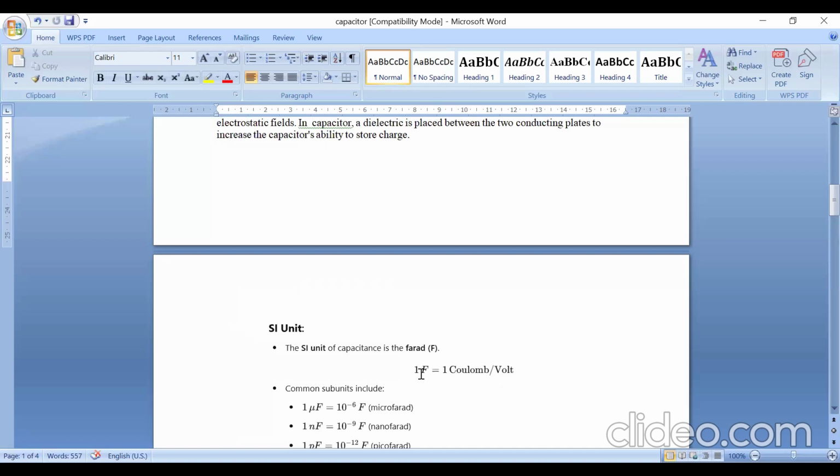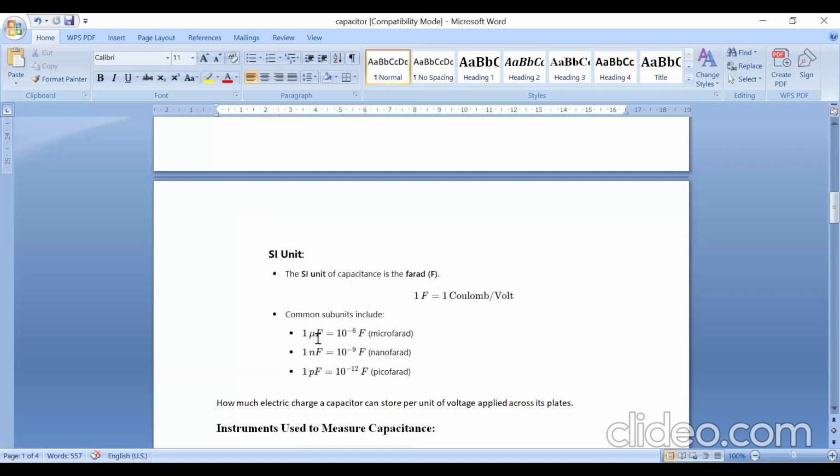So 1 farad of capacitance is nothing but 1 coulomb of charge stored when we apply 1 volt across the two parallel plates of the capacitor. For 1 volt, 1 coulomb is stored. That is 1 farad of capacitance.